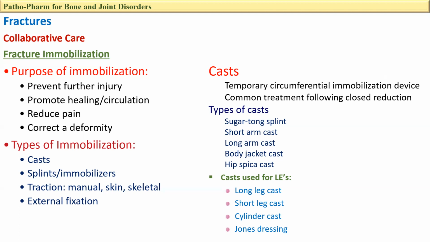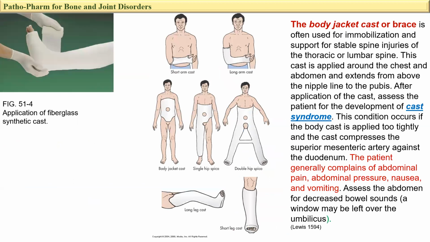There are different types of casts, and this slide shows these different types. The cast, as a rigid material, can result in what is called cast syndrome, a condition in which there is extreme compression on the abdomen.